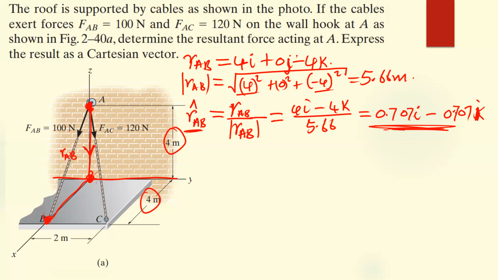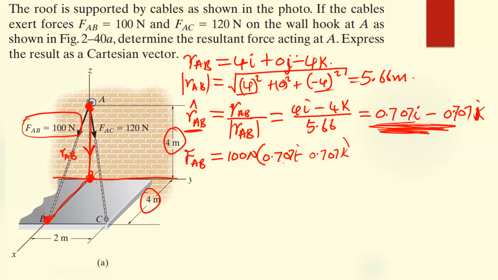So to find the Cartesian force, or to express this force in Cartesian or ij notation, we simply multiply it with the unit vector. So the force AB will be equal to 100 newtons multiplied by 0.707 i minus 0.707 k.